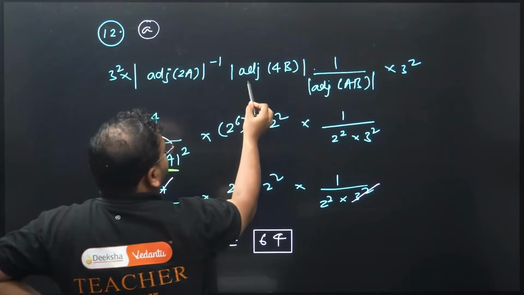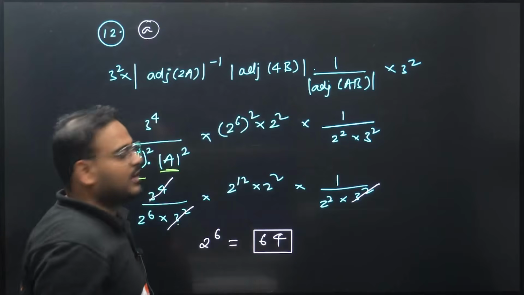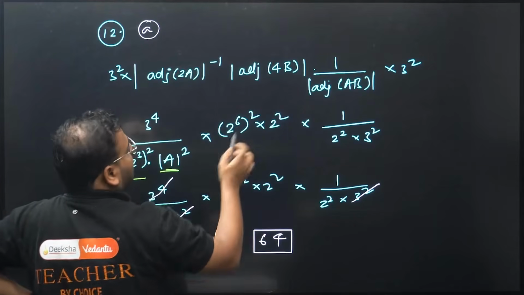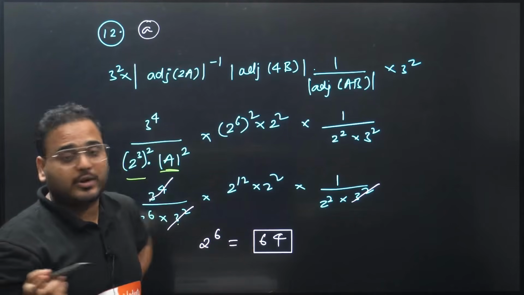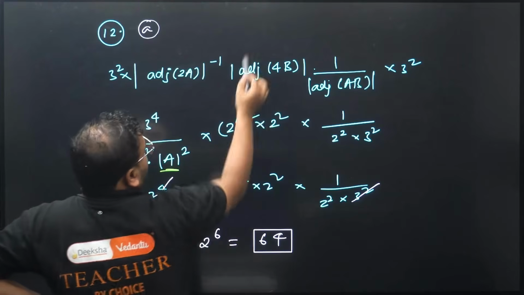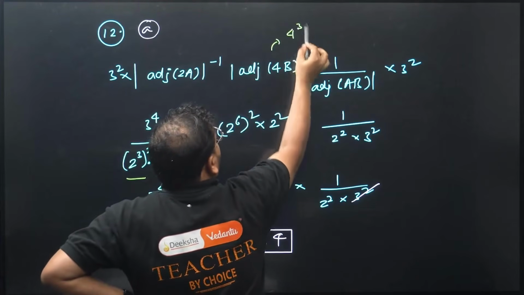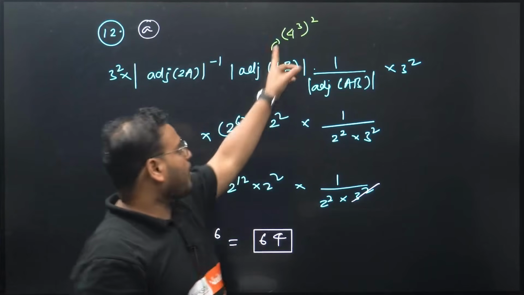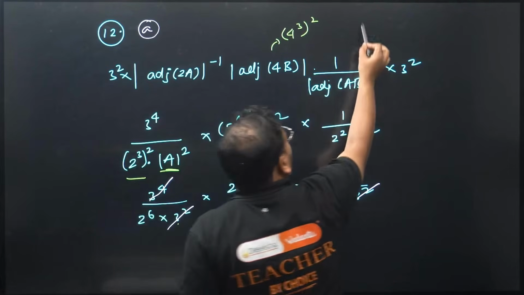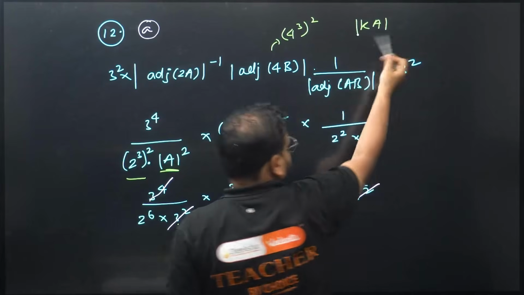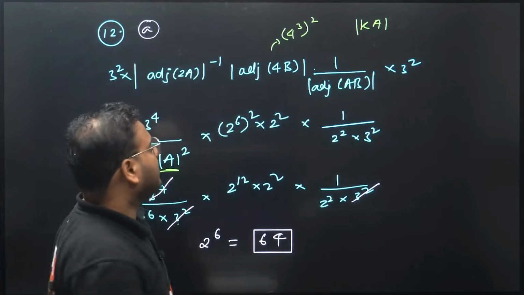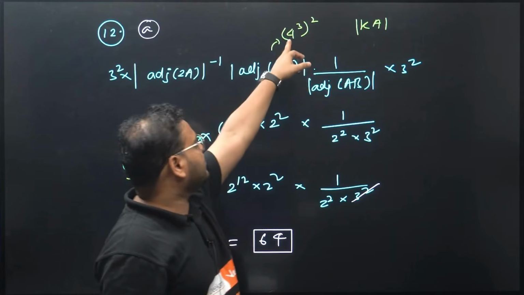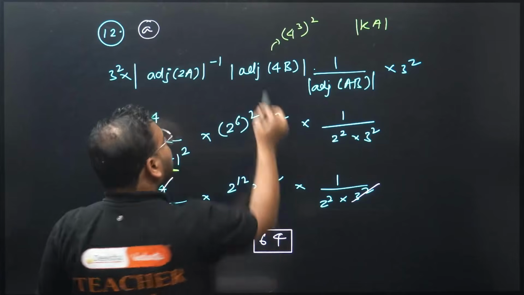And for this part, adjoint of 4B is there, right? For that, what will be this case? 4 square. So again, 4 power 3 power 2. Why 4 power 3? 3 is because of the property of the adjoint, it becomes simply the power, right? And because of the adjoint we have power 2. 4 is written as 2 power 2.